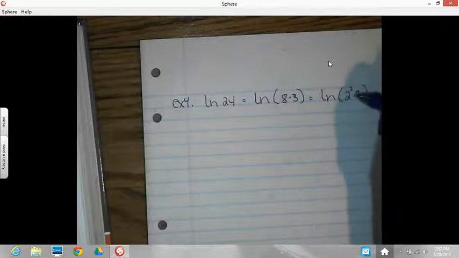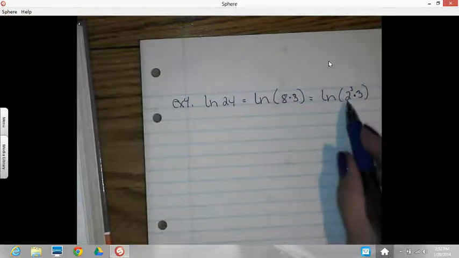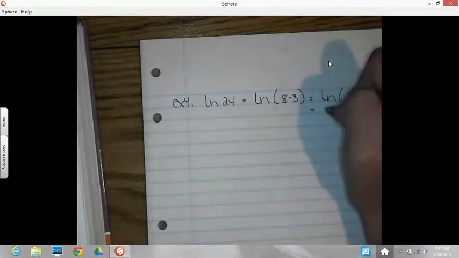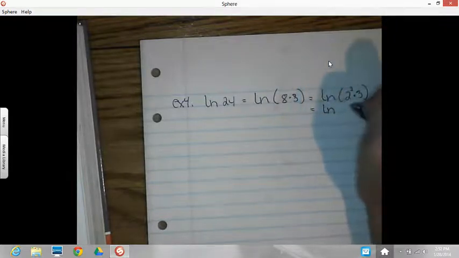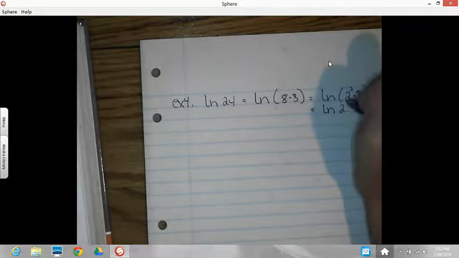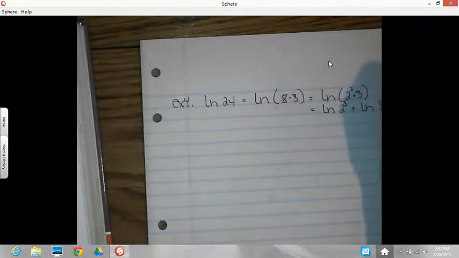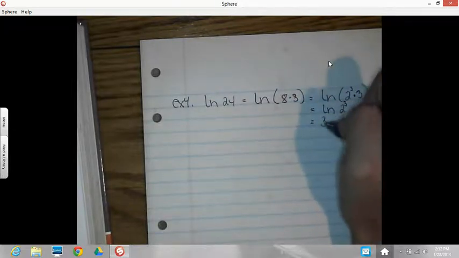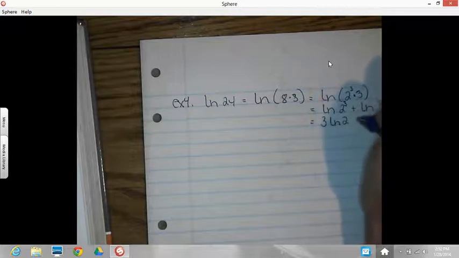And now I'm going to use that property from logs that says if I have the log of a product, I can expand this to the log of a sum. And now I can bring this down as a multiplier. 3 times the natural log of 2 plus the natural log of 3.